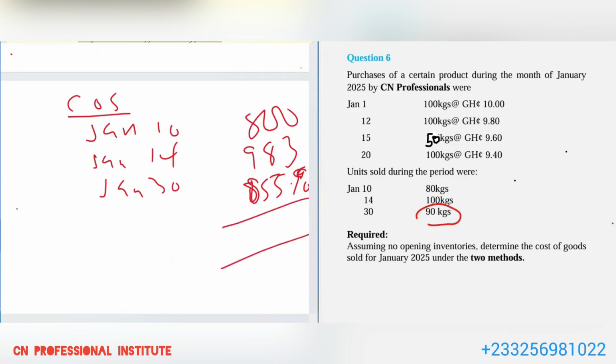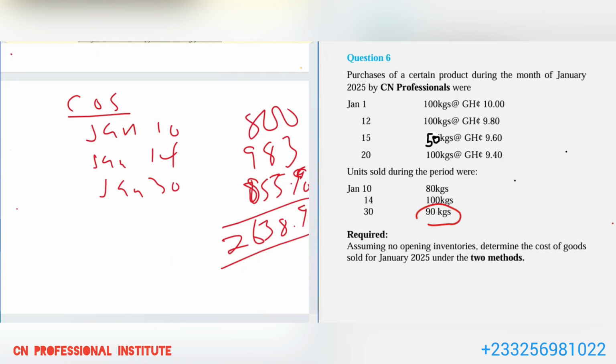So we underline all, and we get 2638.9, or 2639. You can just round it, right? So this is our cost of sales.